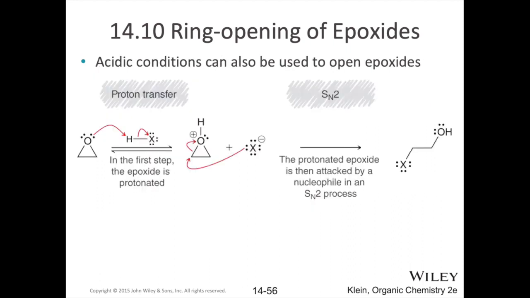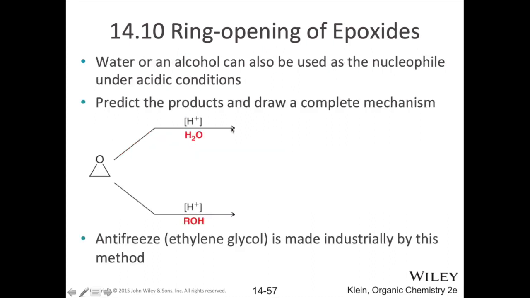All right, so first of all, let's look at the generic reaction. Right, under acidic conditions, we've seen that we can protonate our oxygen, have our nucleophile come in and attack one of the carbons. In this case, it's a symmetrical epoxide, so we don't have to worry about regio or stereochemistry just yet. And that ring opens up, right?